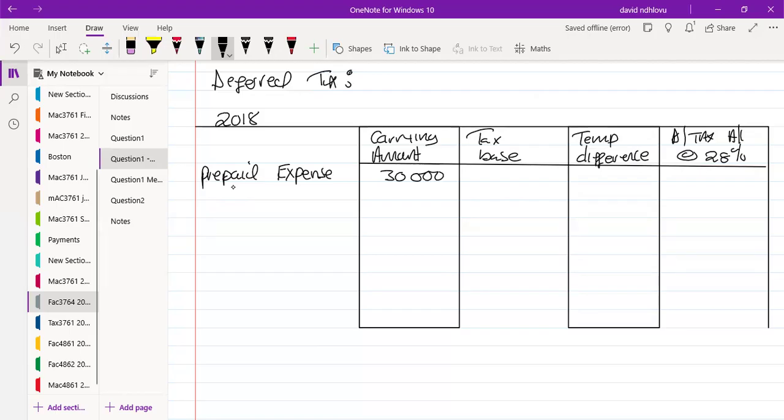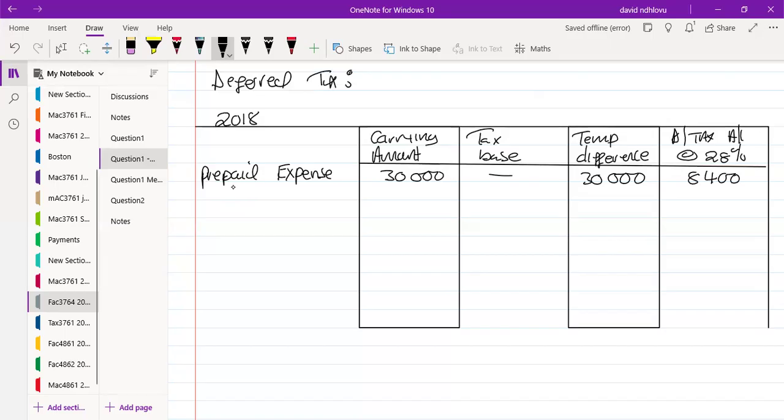There is no asset that is recognized on your behalf by SARS. So according to SARS, this is going to be a nil, which means a 30,000 temporary difference. Then we multiply that 30,000 by 28%, and we are going to have 8.4.